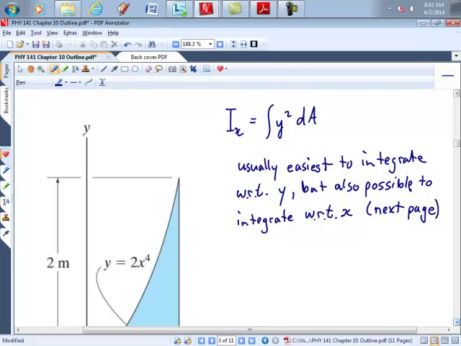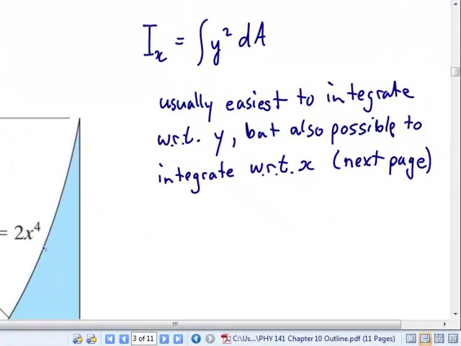So where would I draw the rectangles on my graph to integrate with respect to y, in the blue part? Are they going to be horizontal or vertical rectangles? They're going to be horizontal, thin horizontal rectangles.